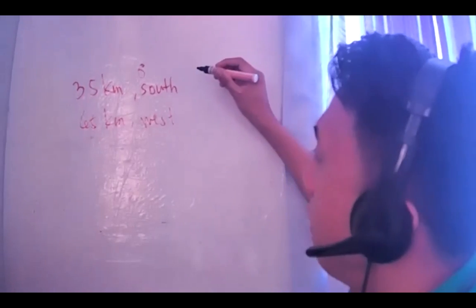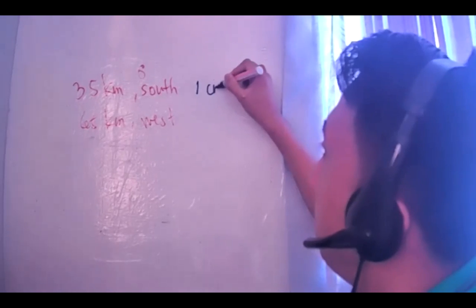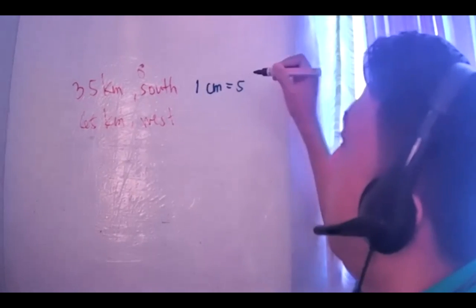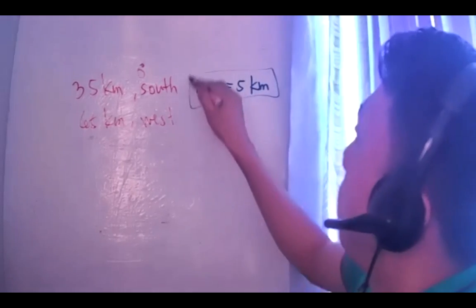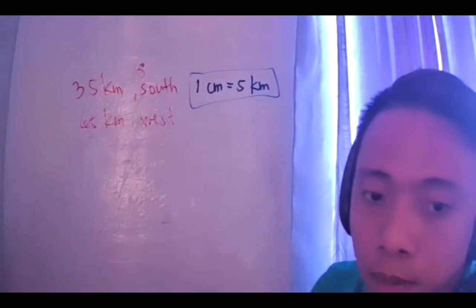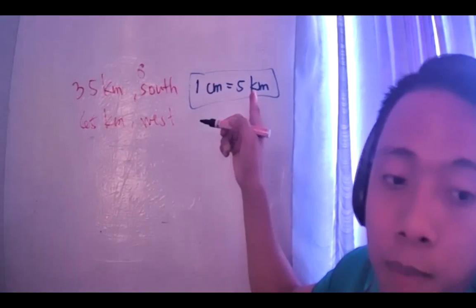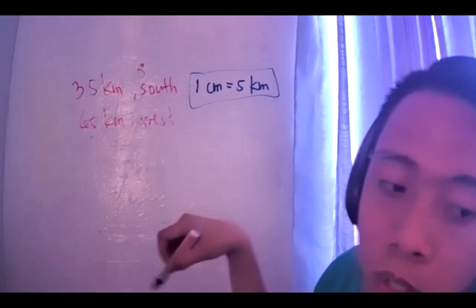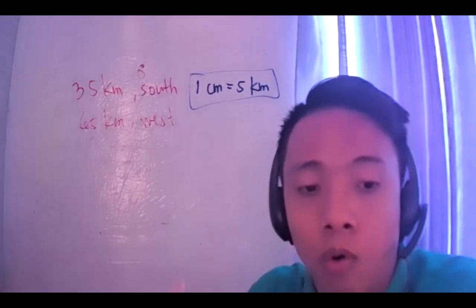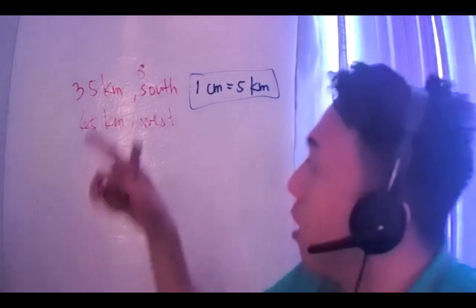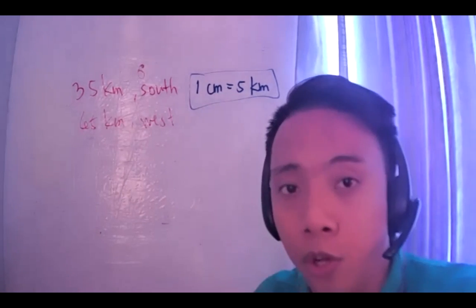We can say that 1 centimeter is equivalent to 5 kilometers. So we will use a ratio. That means we can use this one as a representation of 5 kilometers para mas madali natin siyang madrawing. It's because our ruler is just limited for the centimeters. So magamit tayo ng centimeter para mas madali natin siyang madrawing ng maayos.